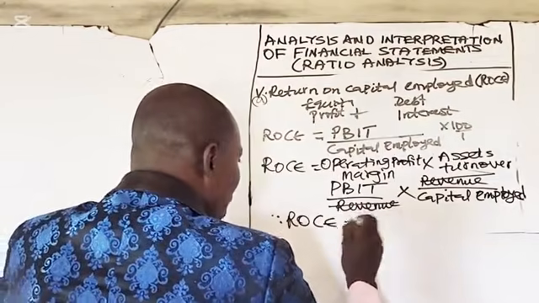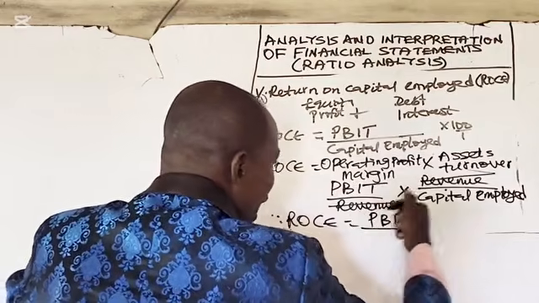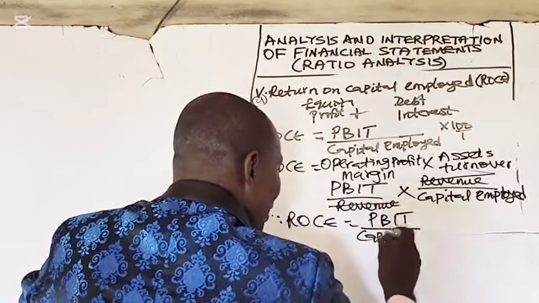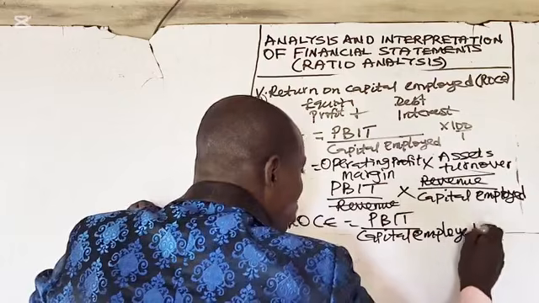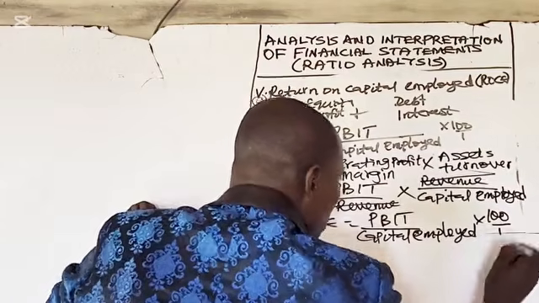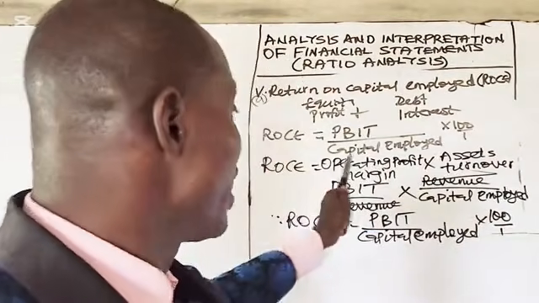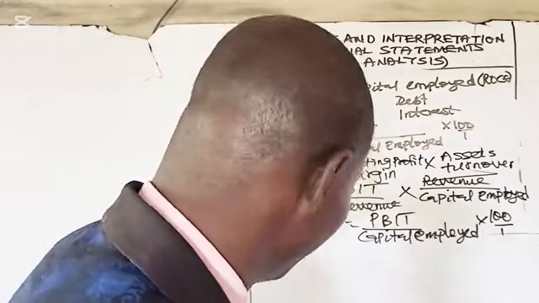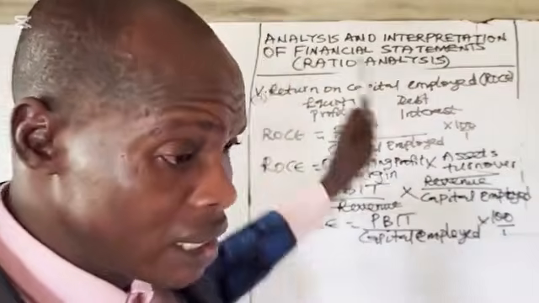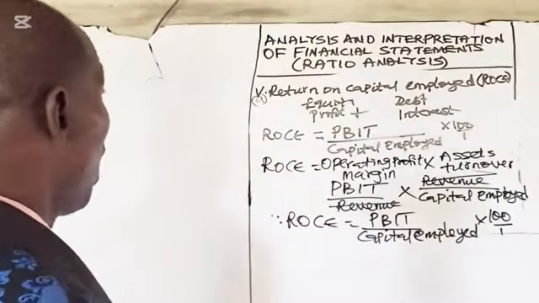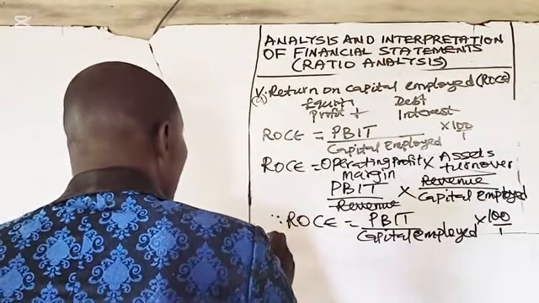ROCE equals profit before interest and tax over capital employed. It means every discussion about ROCE must center on these two variables: operating profit margin and asset turnover. That is a discussion on ROCE, return on capital employed.